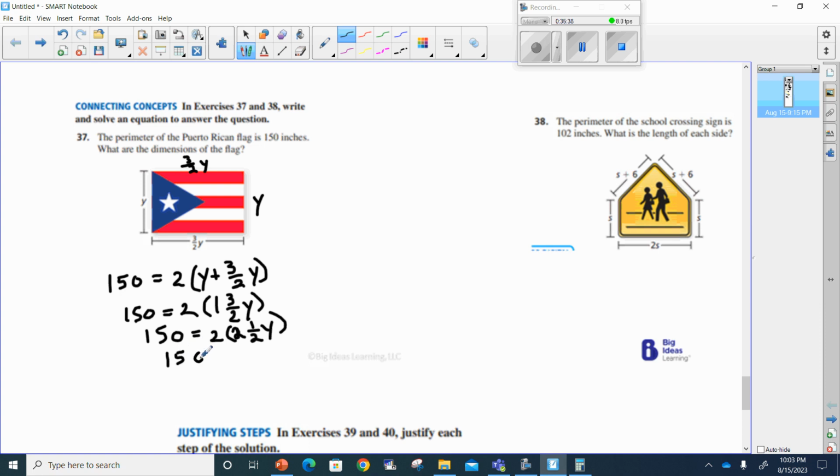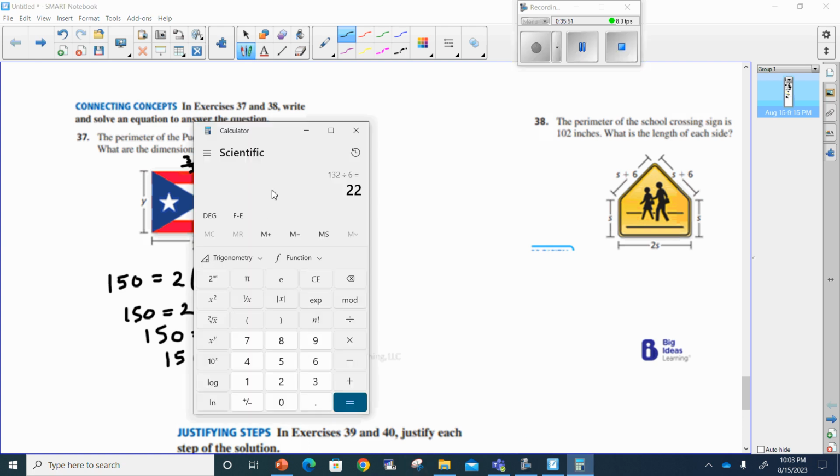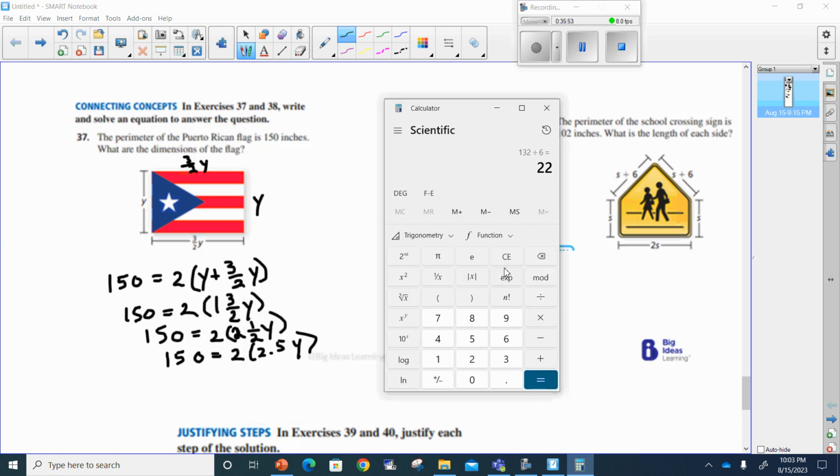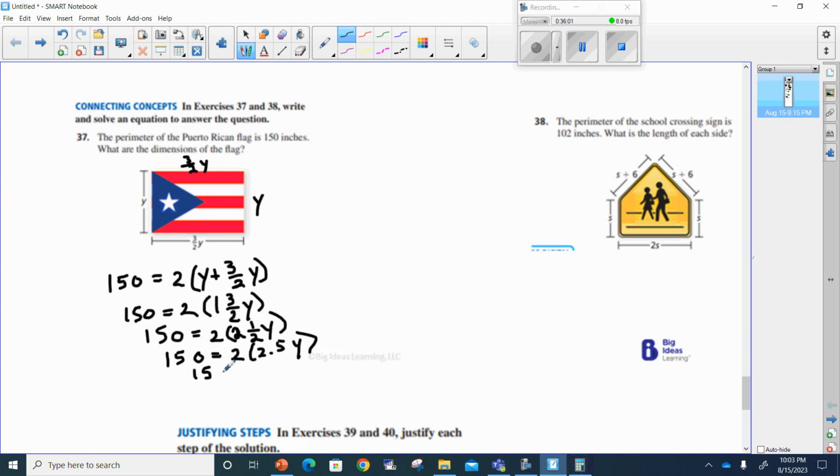So I could put 150 is equal to 2 times 2.5y. 2 times 2.5 is going to give us 5. So now we got 150 is equal to 5y.